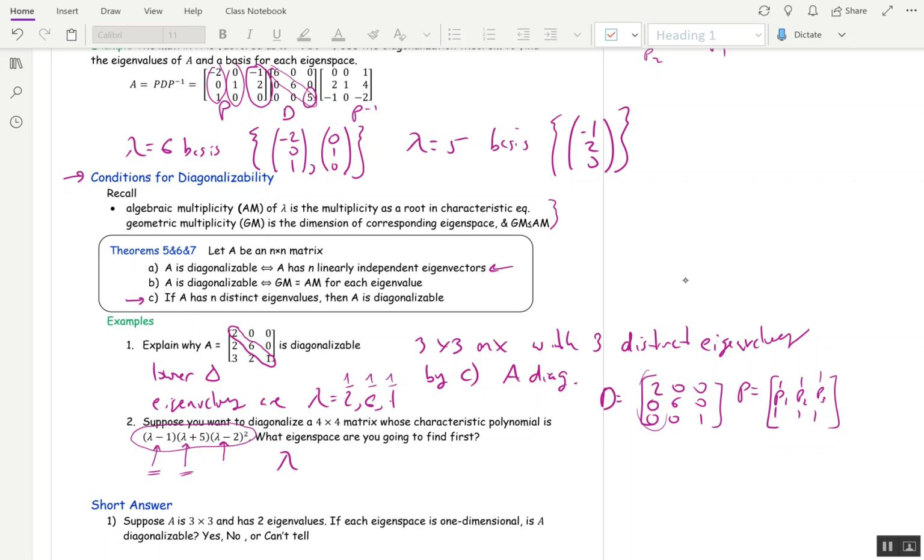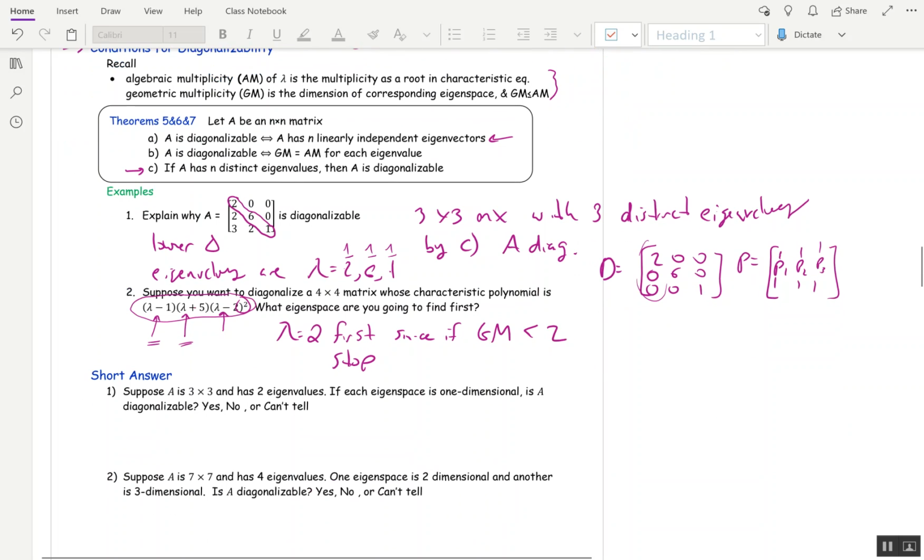So I would do lambda equals 2 first, since if the geometric multiplicity is less than 2, you could stop and say A is not diagonalizable. If the geometric multiplicity were equal to 2, then you'd have to go ahead and finish the problem. But in the case that the geometric multiplicity is only 1, since the geometric would be less than the algebraic, you wouldn't have to finish the problem.